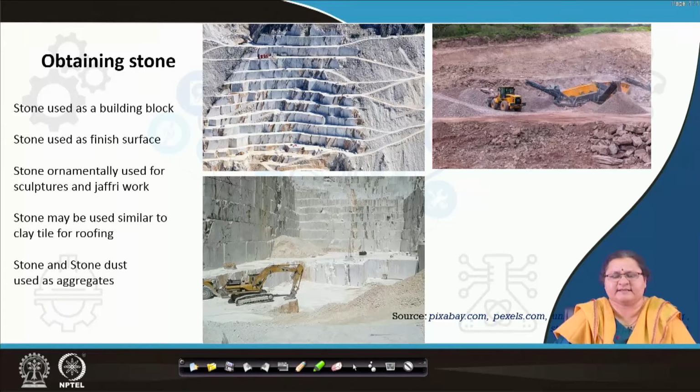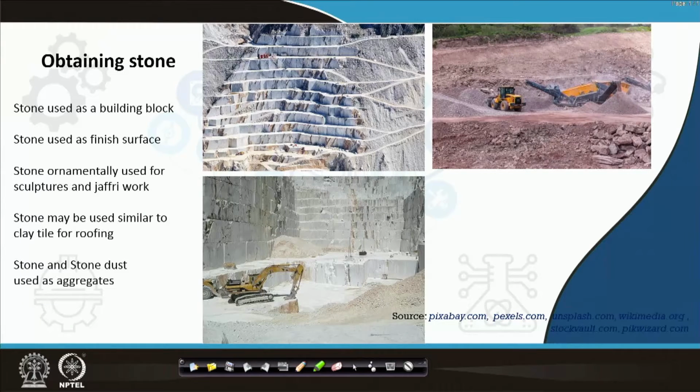These are some pictures where you can see the stone has been cut from the quarry, that is the stone mine where you can get the stone, and you can see lots of machines or vehicles that have moved in, which have special features.